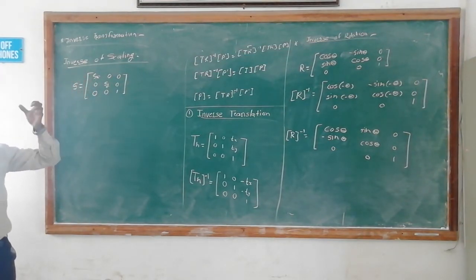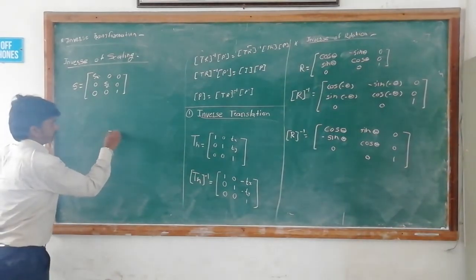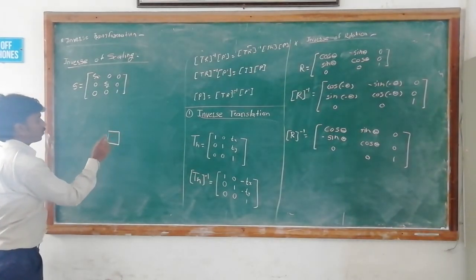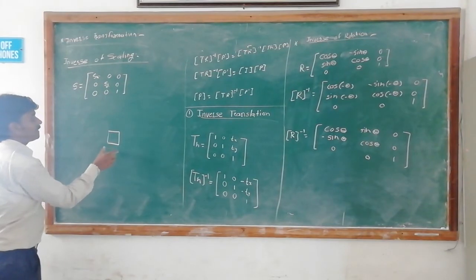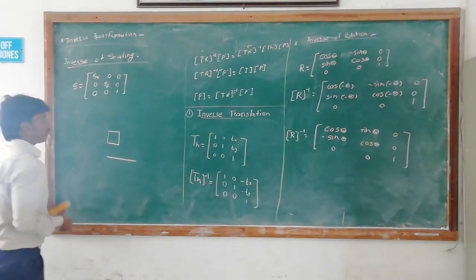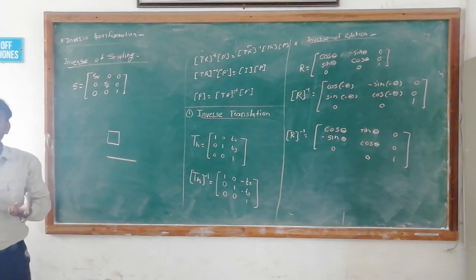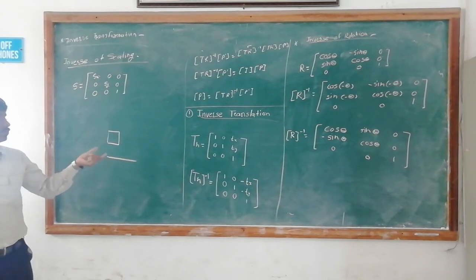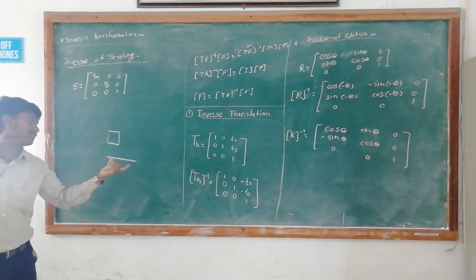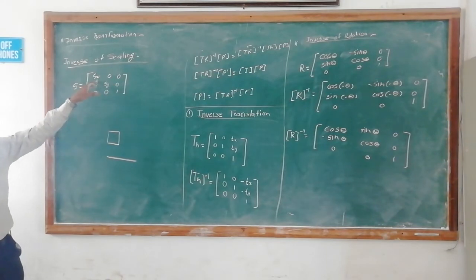Suppose this is my object and I want to increase this object in x direction by 2 times. So Sx means how many times you want to increase or decrease in x direction. Suppose I want to increase this object in x direction by 2 times, then Sx is equal to 2.